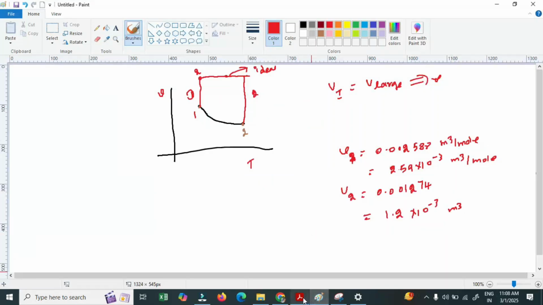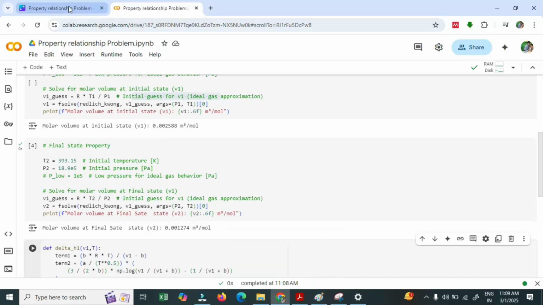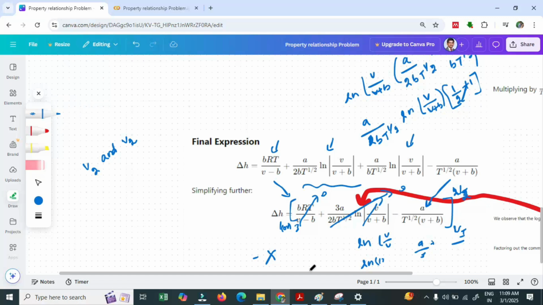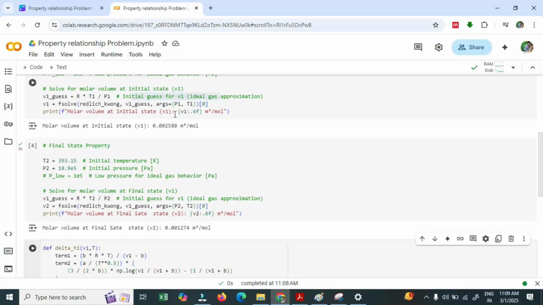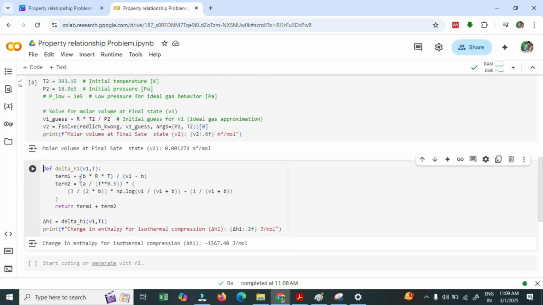So I'll be cutting this and writing here. For me, V1 is already known, the V1 value I defined here.